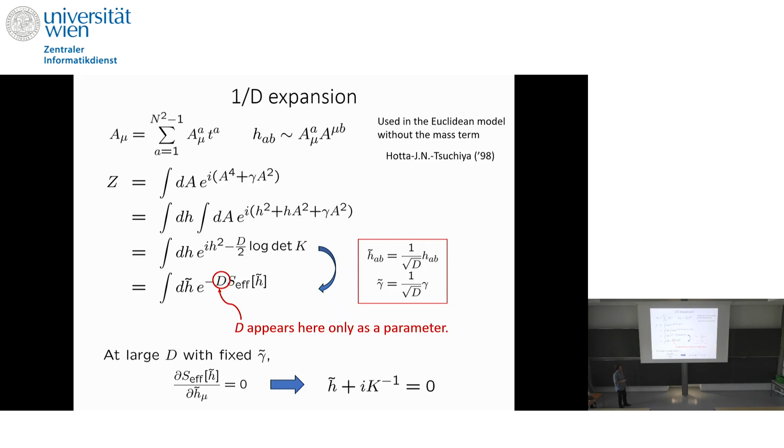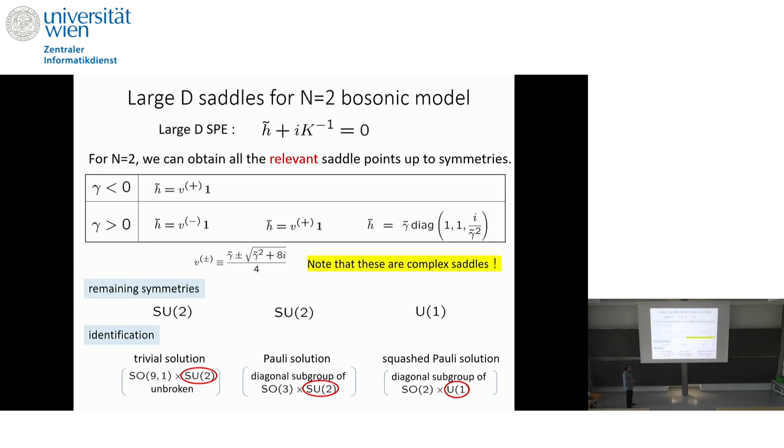So if you consider the large D limit, then the path integral of H is dominated by the saddle point, which you can obtain by solving the saddle point equation. And in this case, the saddle point equation is nothing but this kind of equation. And that we can solve in the n equals 2 model, although the n equals 3 case is not very easy, and we haven't done that yet.